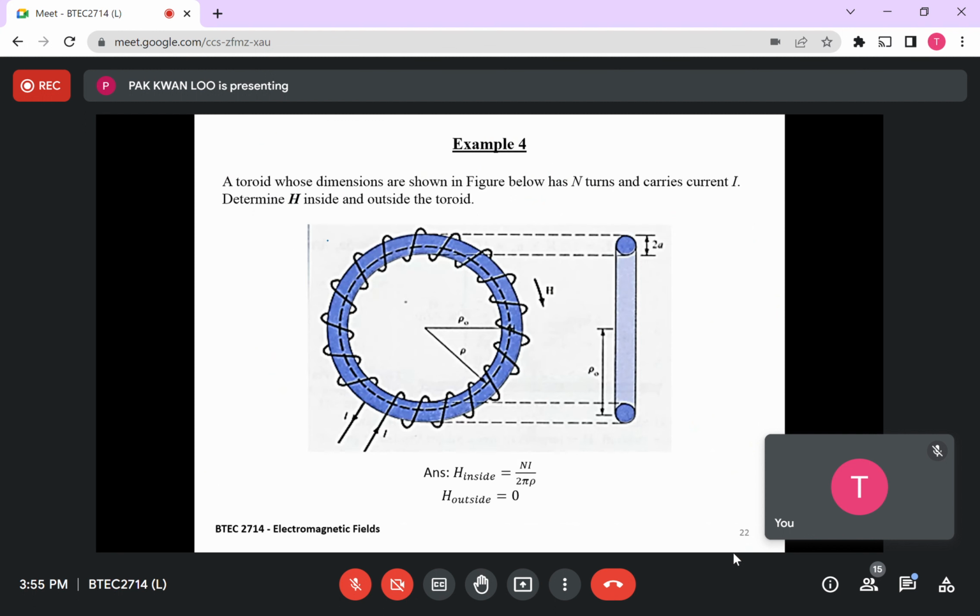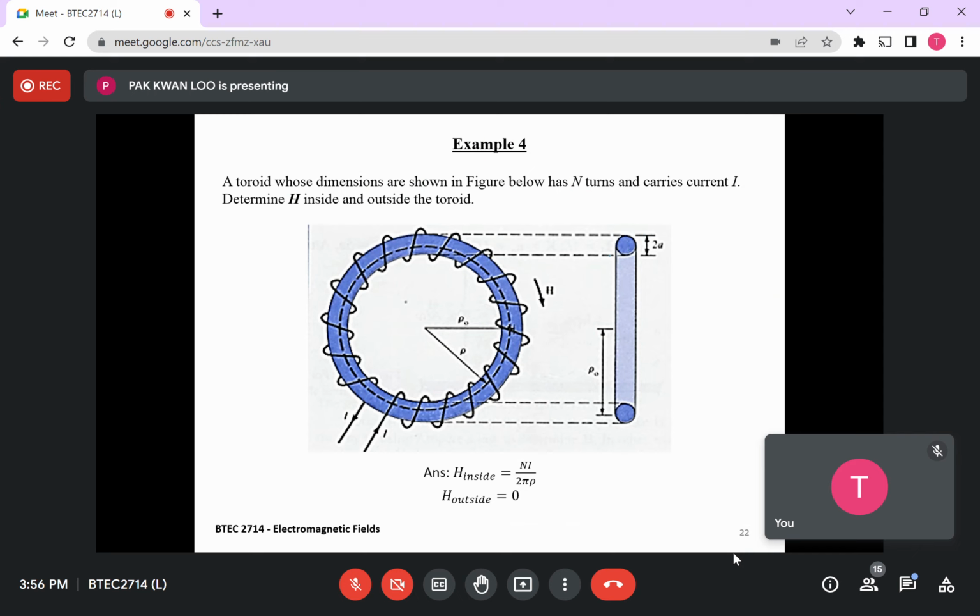So now example 4. We have a toroid. This is the toroid cross section.